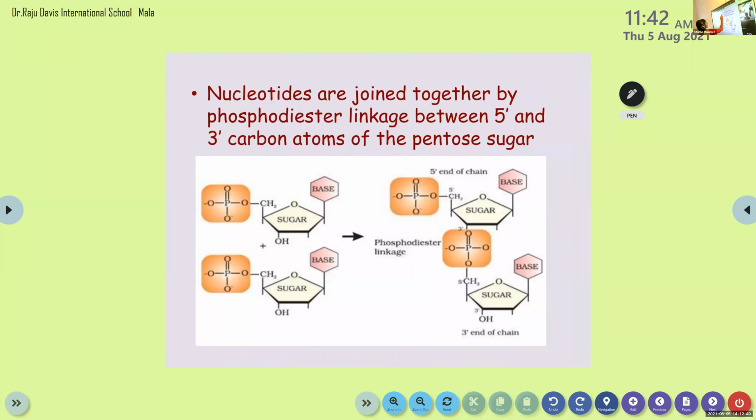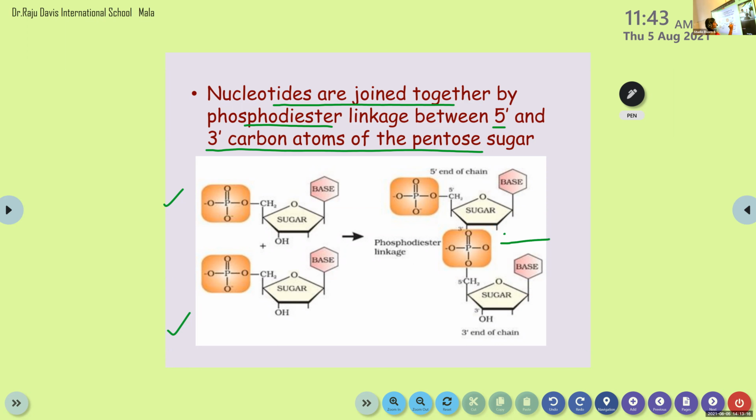Then these nucleotides are joined together by phosphodiester linkage between 5' and 3' carbon atoms of the pentose sugar. You can look here, there are 2 nucleotides. This one is one nucleotide and the other one is here. Nucleic acids, or DNA, are polynucleotides. One nucleotide is connected to another nucleotide by phosphodiester linkage.